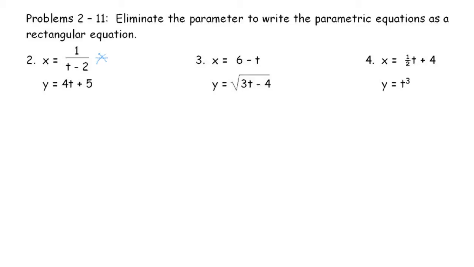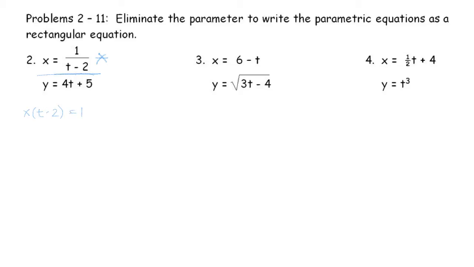So our first equation, we have x equals 1 over t minus 2. So what we can do is multiply both sides by t minus 2. And so I would have x times t minus 2, and that would be equal to 1.